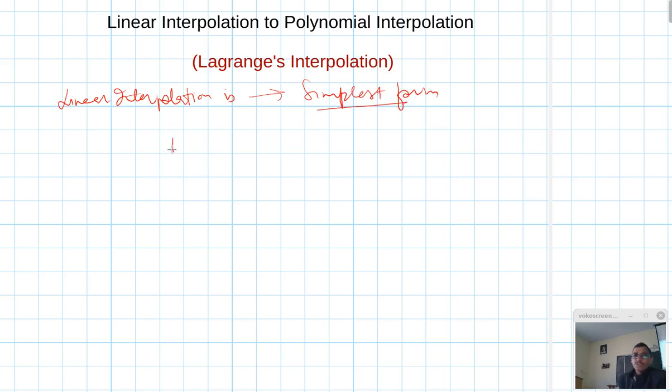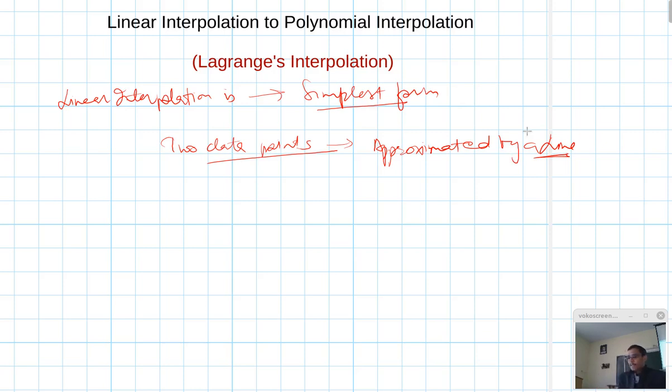That means we will choose two data points and find the line. That means these two data points are approximated by a line, right? And then we will find out any point in between those two data points, right?